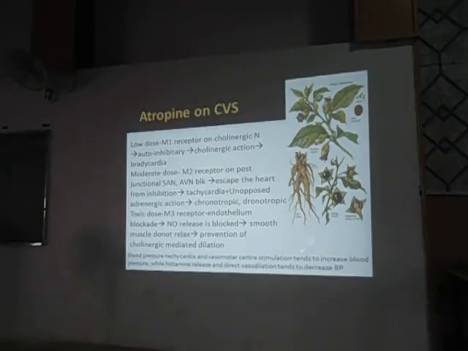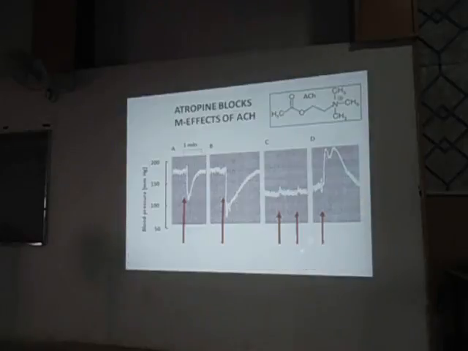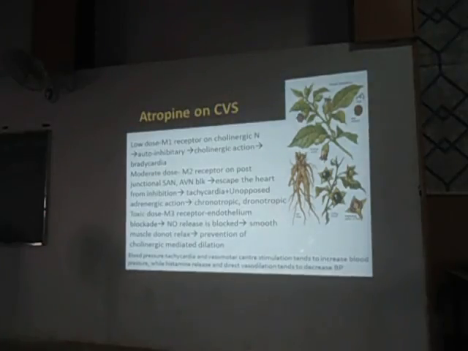At low doses, what can happen? On the cholinergic nerves, we have something called autoreceptors, which I tried to explain in the previous class. You might be remembering. If these autoreceptors are there on the prejunctional side, you can see here there are some acetylcholine autoreceptors. So it is auto-regulation. Here you can stimulate these autoreceptors. What can happen? The acetylcholine release can be inhibited, so there can be a decrease in the action of acetylcholine.